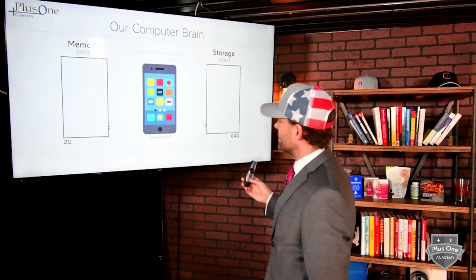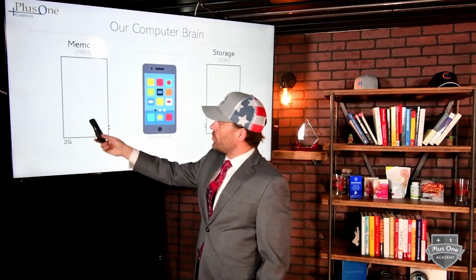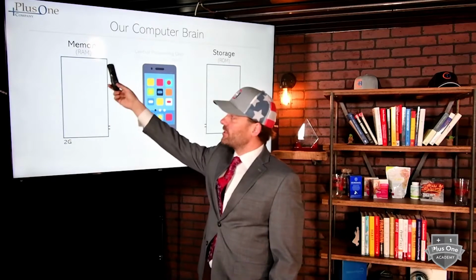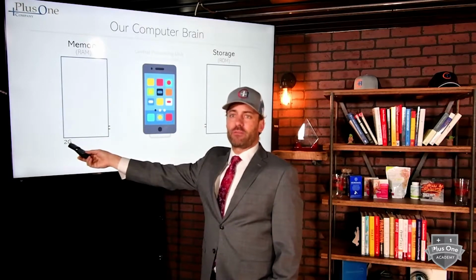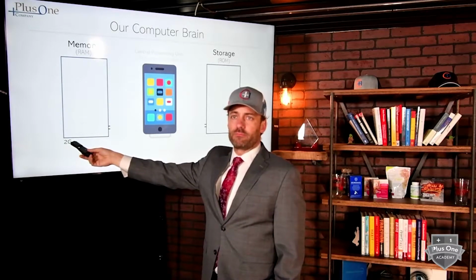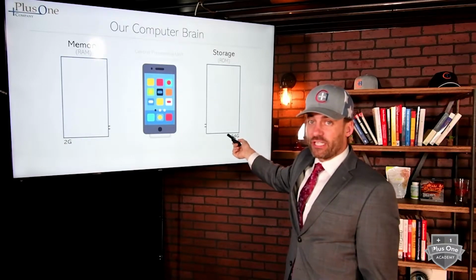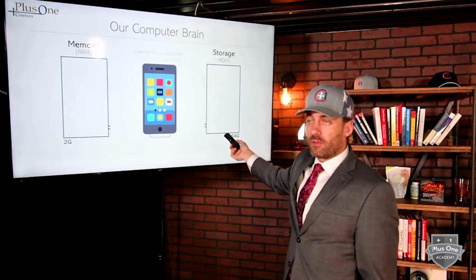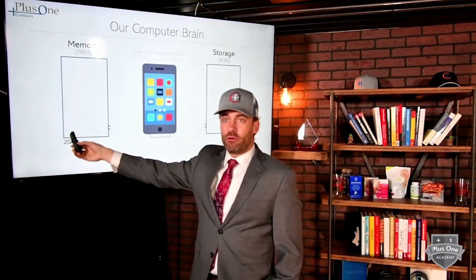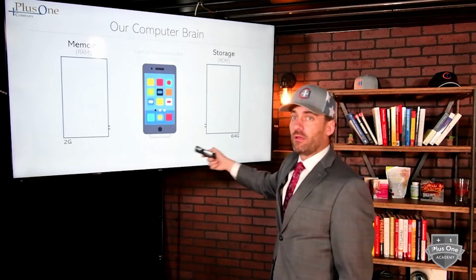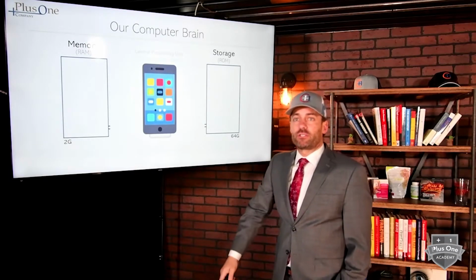So the first difference that they have, if you have your cell phone, your average cell phone today is going to have probably 2 gig of RAM. If you have a really nice one, it's going to have more, okay? But it's going to have 64 gig of storage. So you see the discrepancy. Only 2 gig of memory, 64 gig of storage, okay?